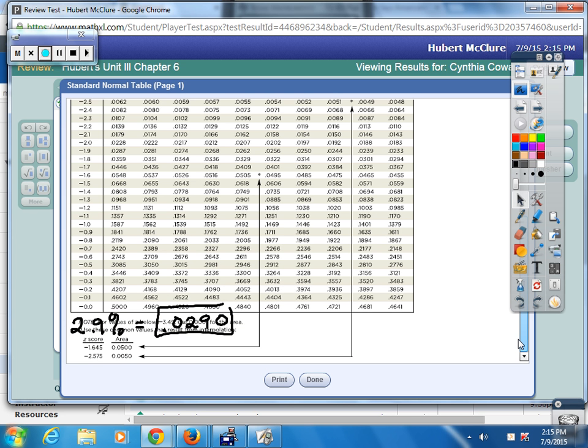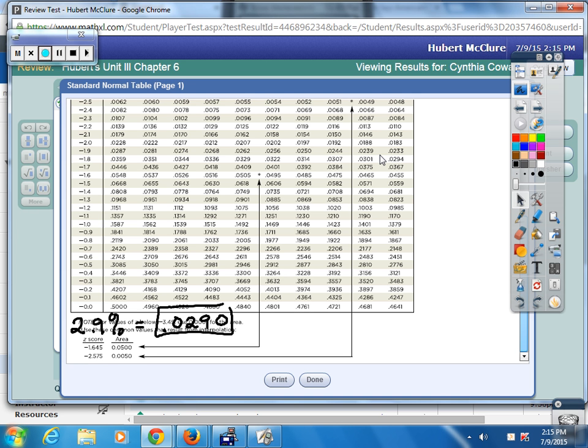We want 0.0290. Here we go. There's 0.0294. Oh, here it is. Here's 0.0287.